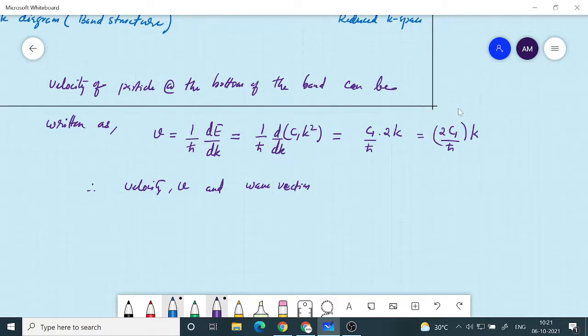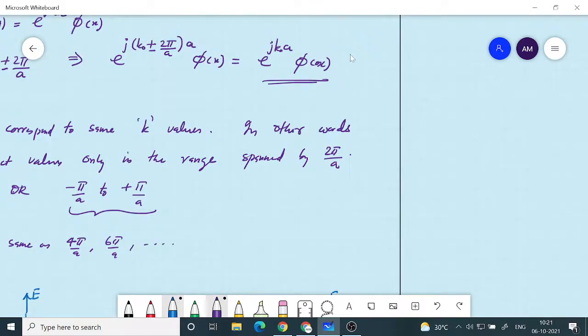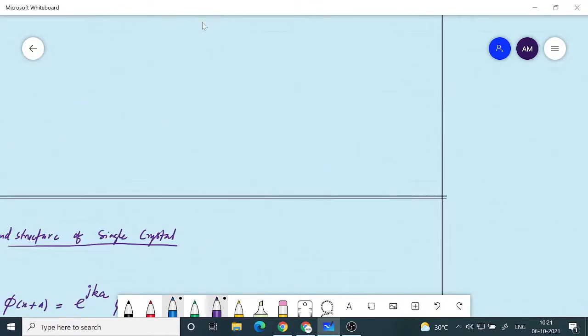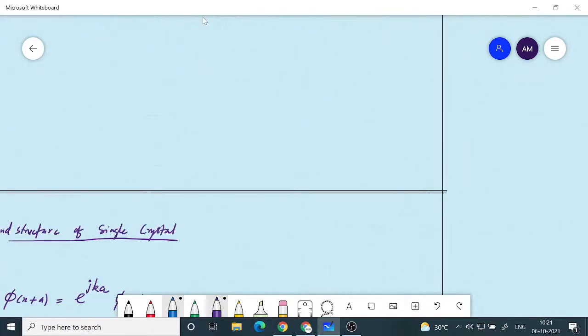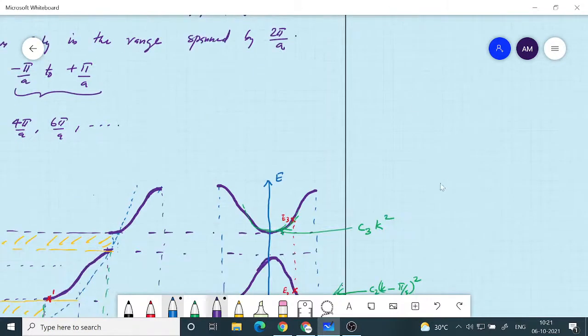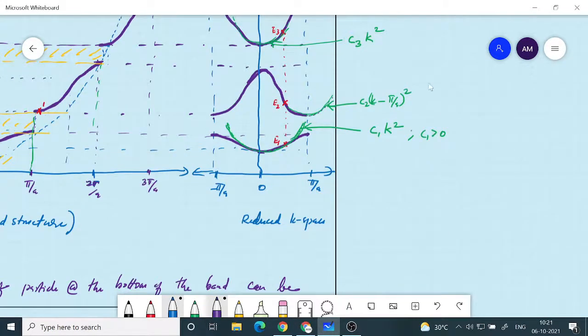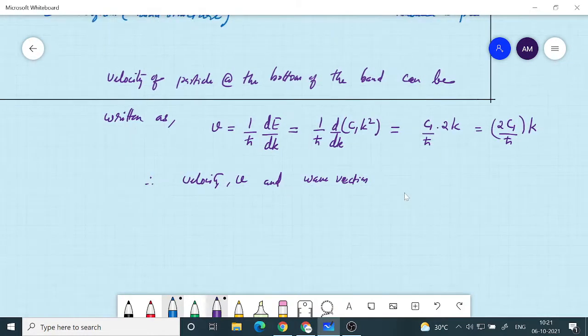So I hope my equation is correct. Let me just verify my equation. Is it by h cut or h cut? Okay. Yeah, 1 by h cut dE by dk. The equation is correct. So the velocity v and wave vector k have the same sign.